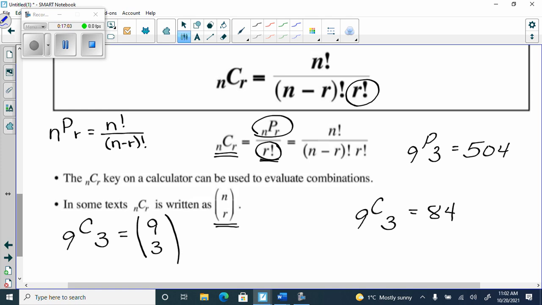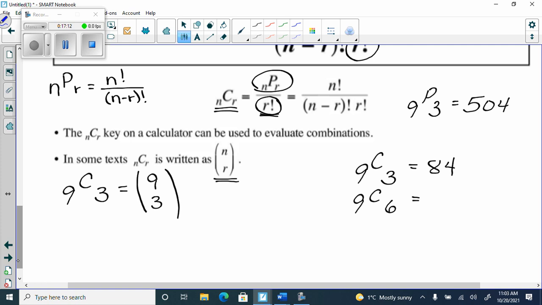Now, this is even more fun. Do this. 9C6. Type that in. 9C6. Same answer, isn't it?